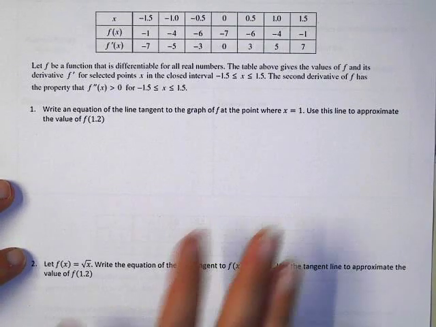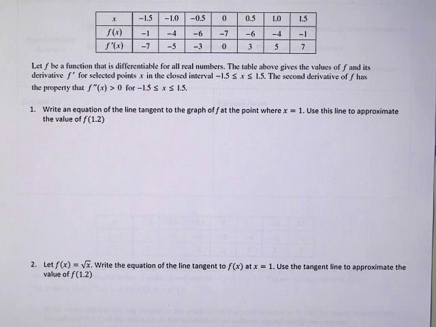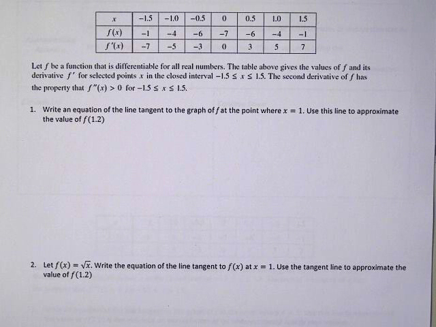So in this next problem, it says, let f be a function that is differentiable for all real numbers. That means we can take the derivative. The table above gives values of f and its derivative between negative 1.5 and positive 1.5. The second derivative has the property that it is always greater than 0 between negative 1.5 and positive 1.5. For problem number 1, it says, write an equation of the line tangent to the graph of f at the point where x is 1.